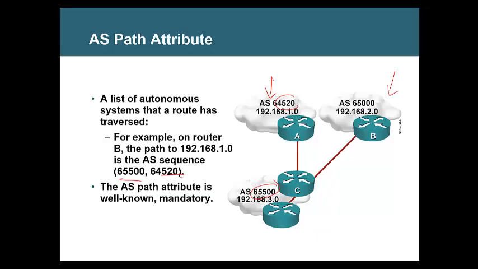The autonomous system sequence. So when this advertises, it also includes this info and advertises it. When this advertises the network, it also includes this one with this one. That's how you get the AS path sequence.